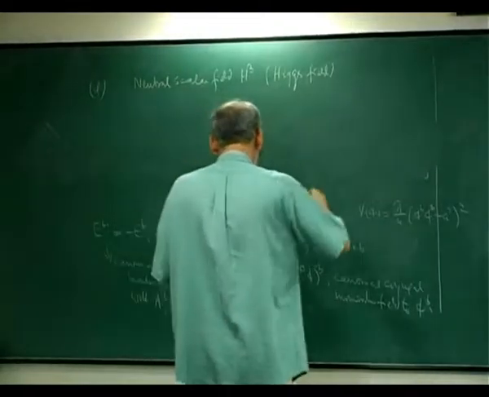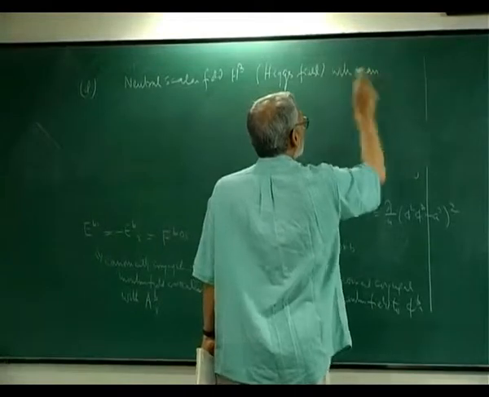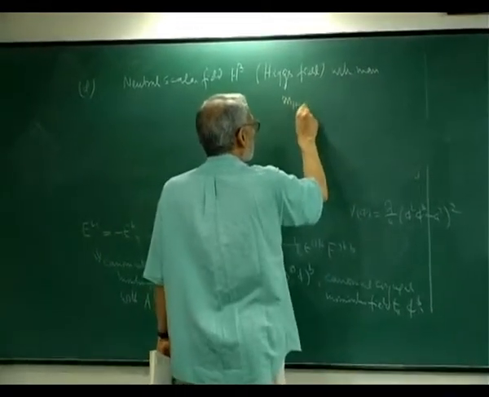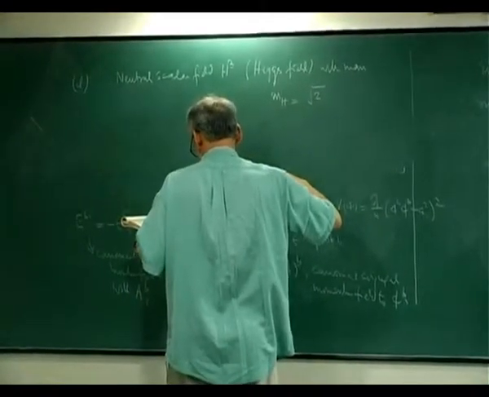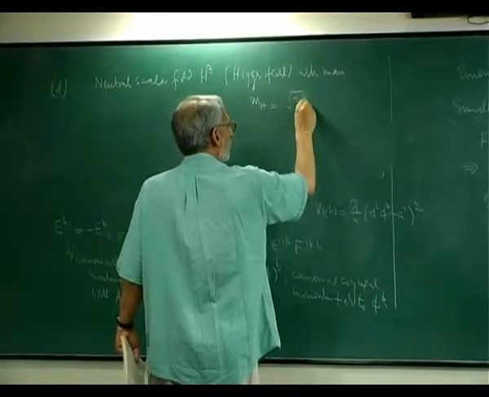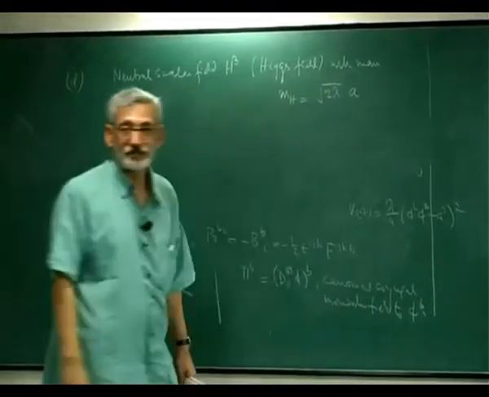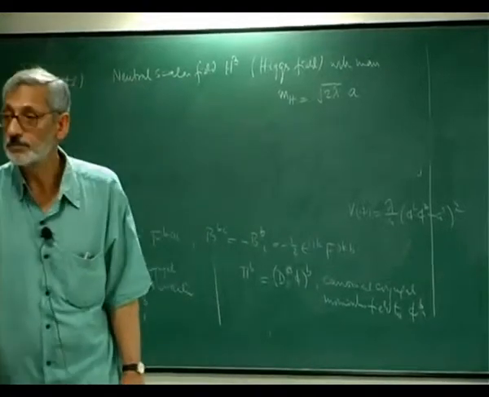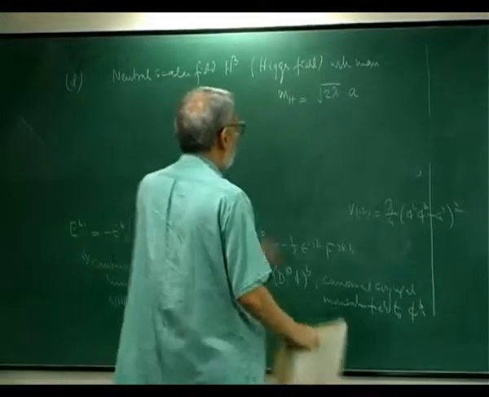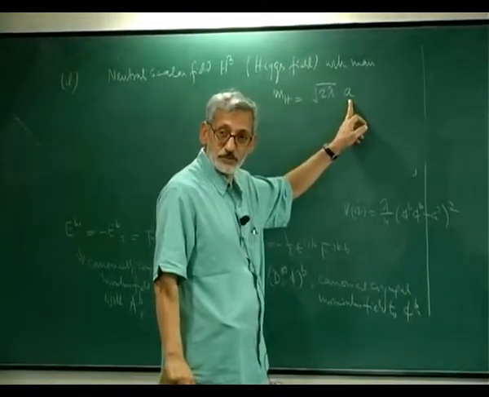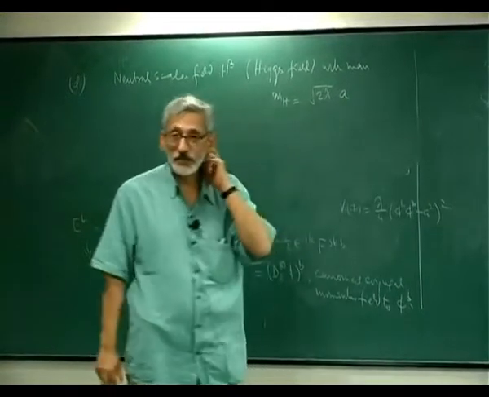This Higgs field with mass mh is twice root 2 lambda times A. Lambda was the strength of the potential, V phi, and A is the expectation value of the Higgs field. This is the mass.